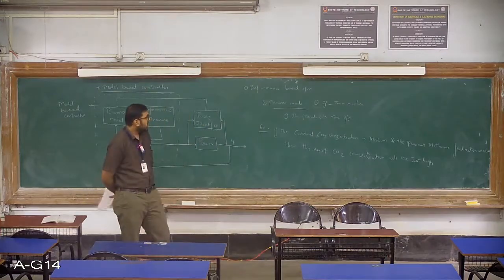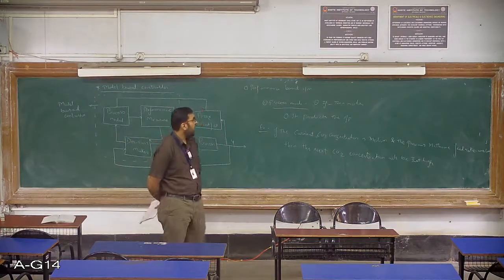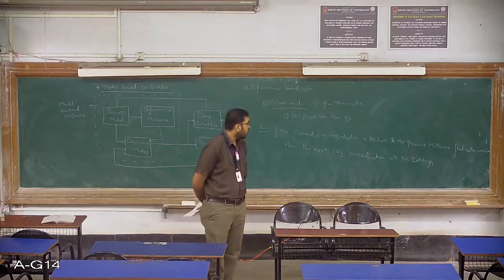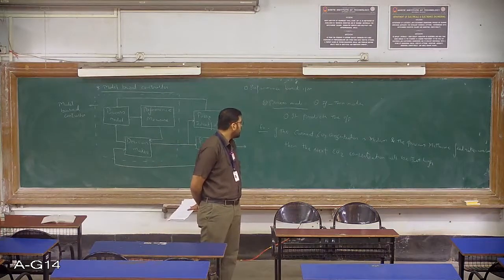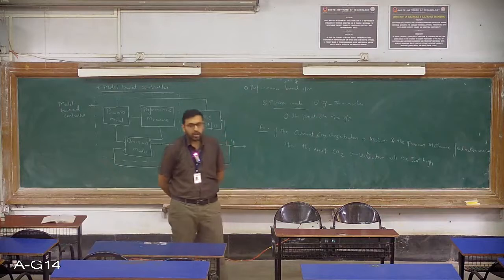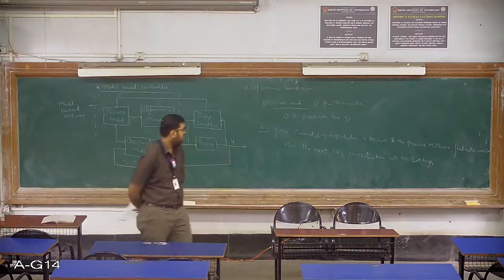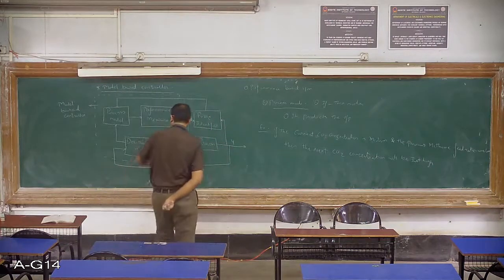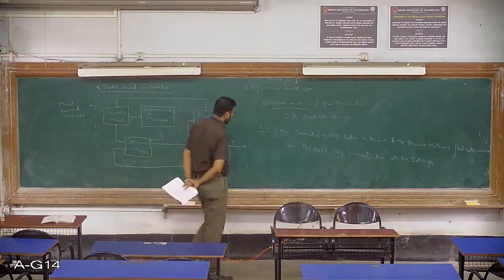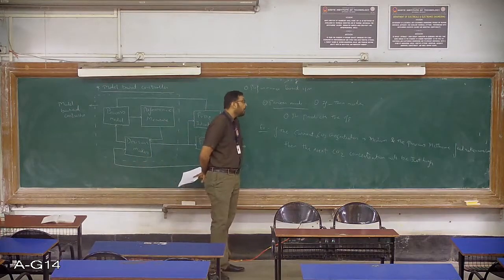If the current CO2 concentration is medium and the previous methane feed rate was low, then the next CO2 concentration will be just high. The process model has if-then rules, and it predicts the output.